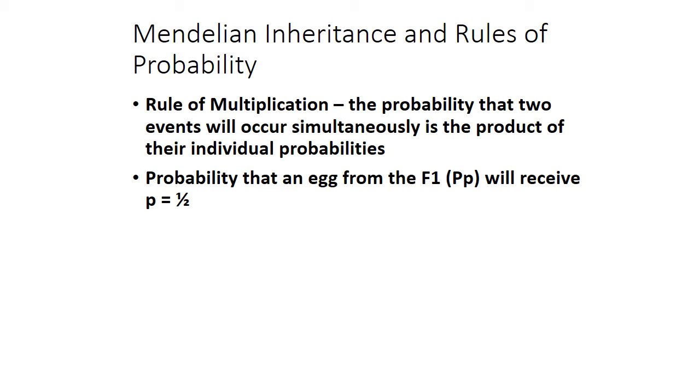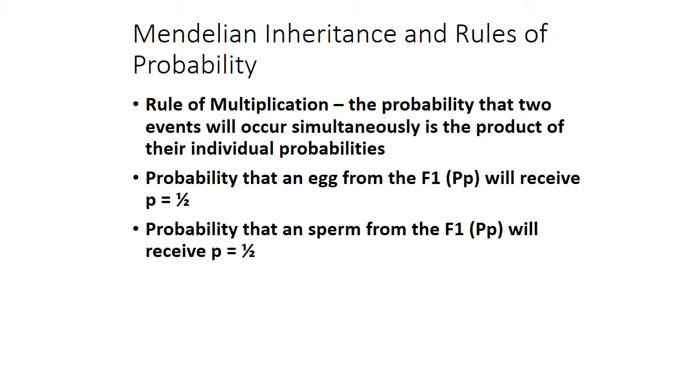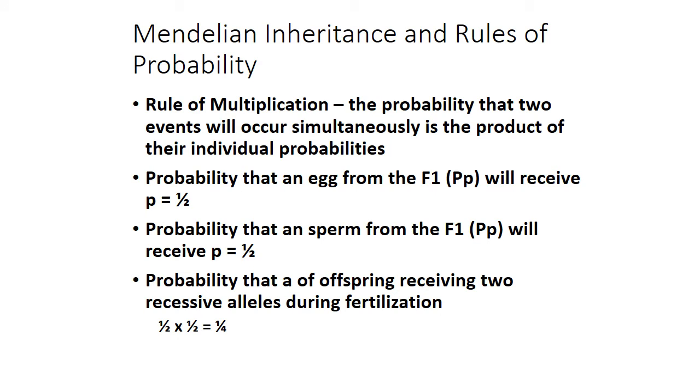It's a 50% chance of getting either. The probability that a sperm from the F1 generation will receive that little p is also 1/2. So if we wanted to figure out the probability of receiving two alleles during fertilization to get those two recessive alleles, we get 1/2 times 1/2, which equals 1/4.